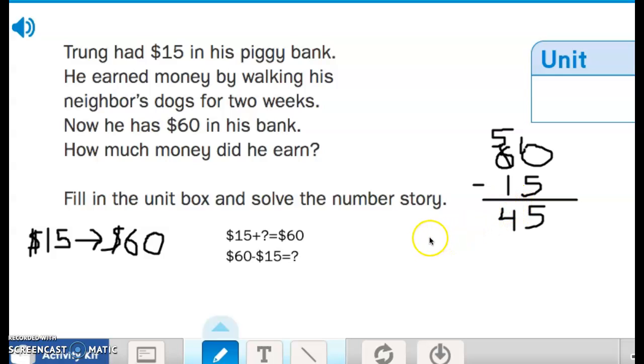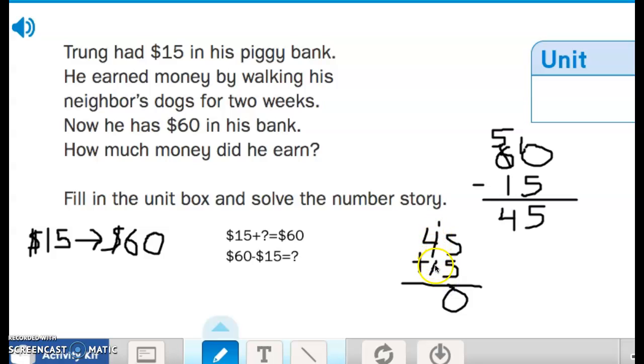But let's try out another way to just check our answer. We can take 45 and add 15. We're going to add this time because remember, subtraction and addition are fact families. There's my plus sign. 5 plus 5 is 10.